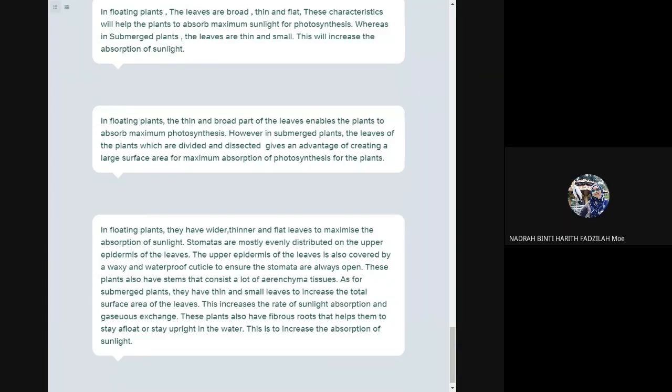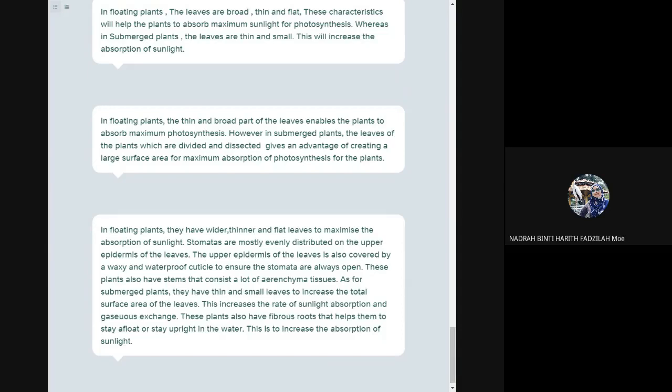So kamu cerita adaptation for floating plants. Katalah dia bagi gambar hydrilla, what are the adaptations for these plants to conduct photosynthesis? So kita ceritalah adaptation hydrilla dari segi thin leaves tadi, dari segi small and hollow stem tadi, to increase maximum absorption of sunlight. So setiap satu tu sebenarnya markah dia 3 ke 4 markah.